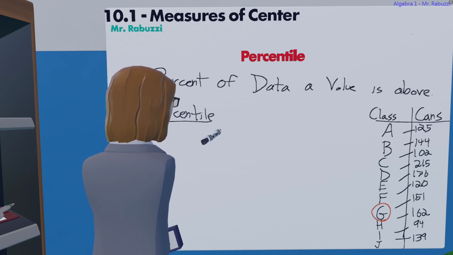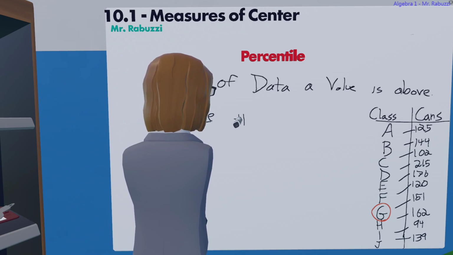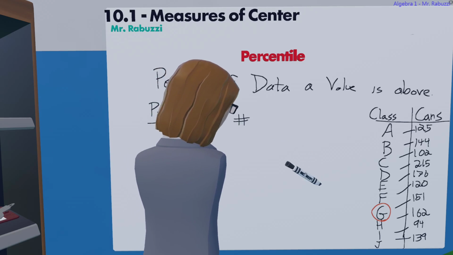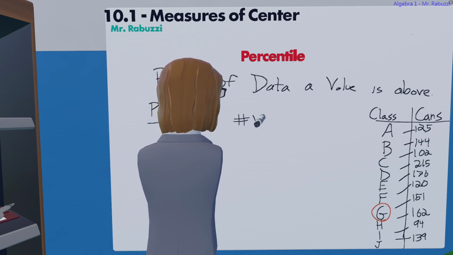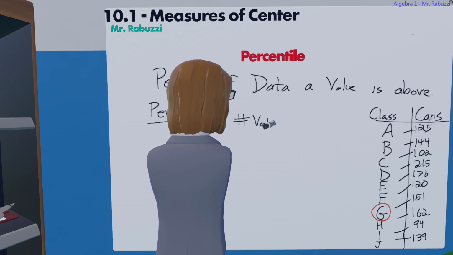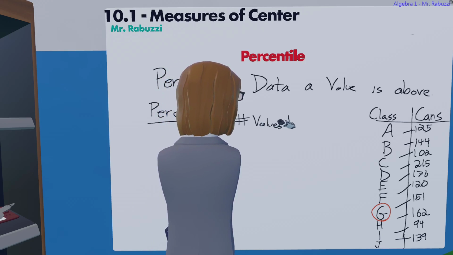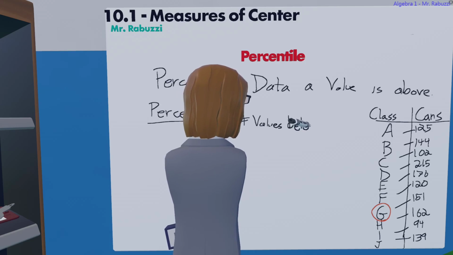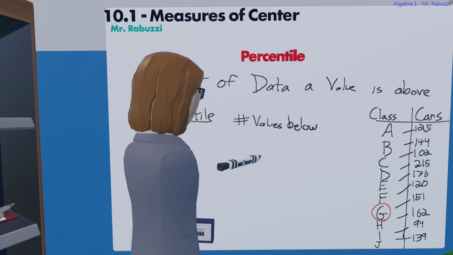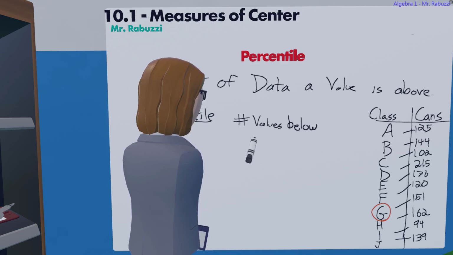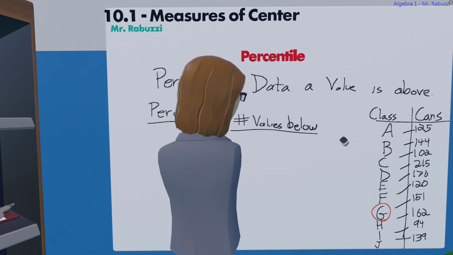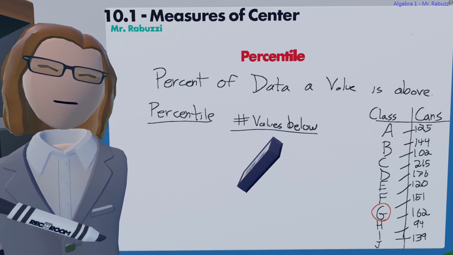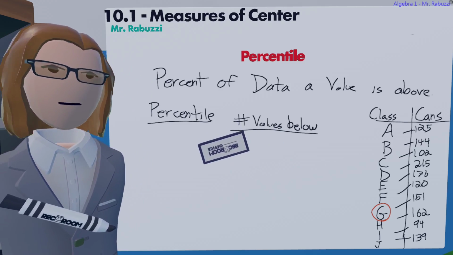the number of values below our target. So we're going to pick one of these data numbers. We're going to pick G, and we need to find the number of values below. So smaller numbers. How many of our data points are smaller than our target? That's our top number.